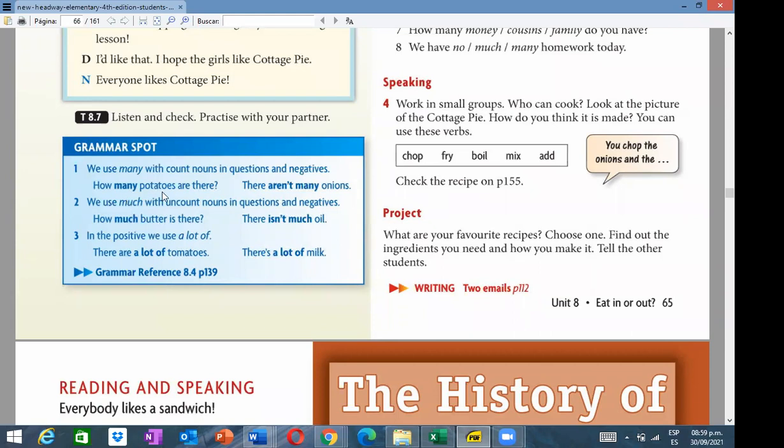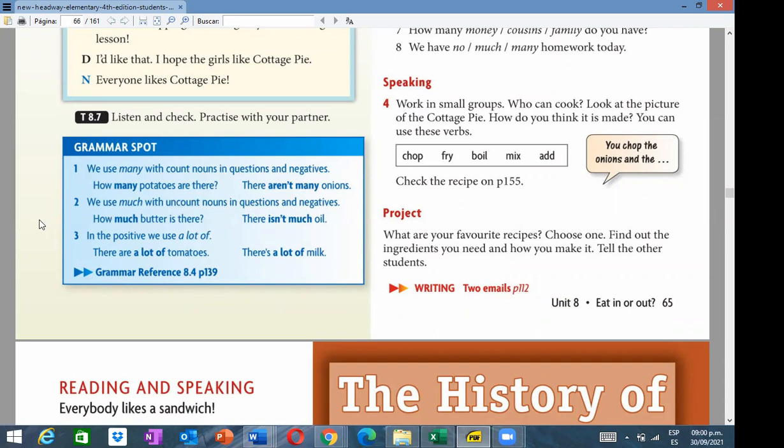Right? A question. The next, we can use also in negative sentences, right? With countable nouns. There aren't many onions. ¿No? La cebolla, la papa, podemos contar uno a uno. Y de la misma forma tenemos la pregunta y una oración negativa.